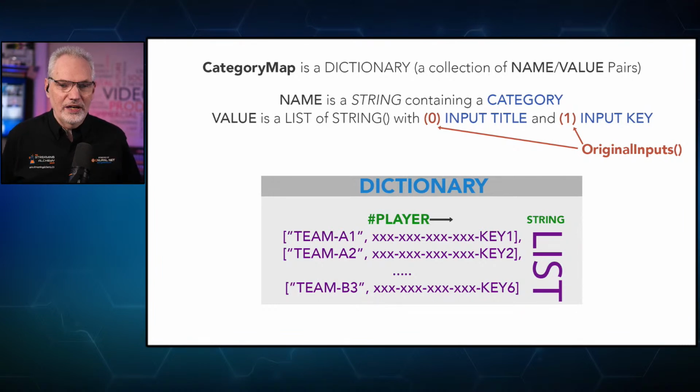And so we have created in the code a variable called category map, which we'll get to, which is a dictionary that has these name value pairs. The name in this dictionary is the category. It's a string that contains the category name. And the value is a list.